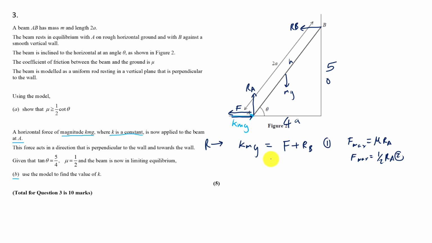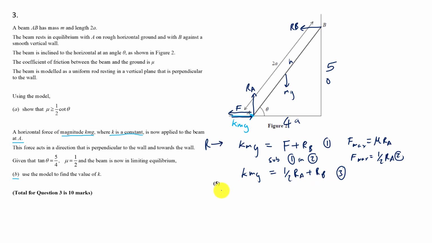So let's sub 1 into 2, or 2 into 1. So our half RA is here. So what we get here is kmg equals a half RA plus RB. That would be a nice equation here.